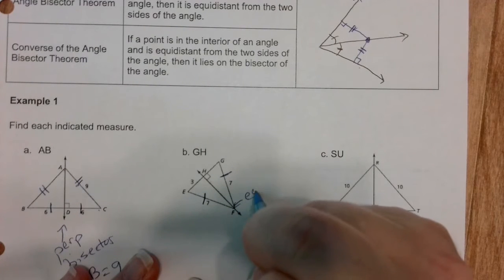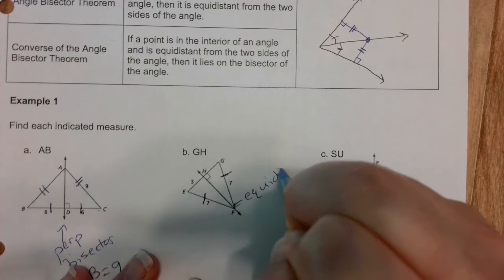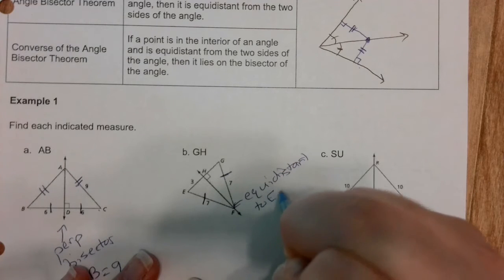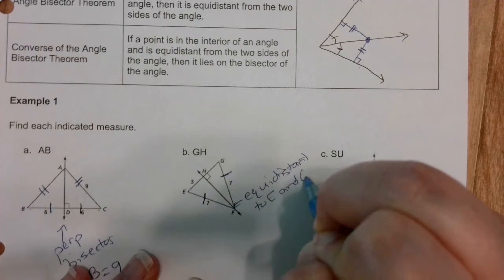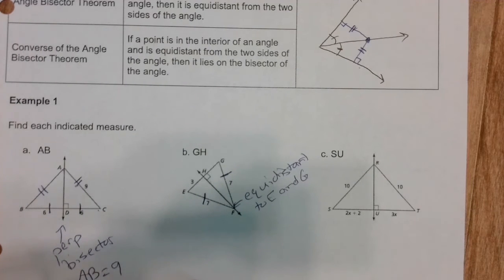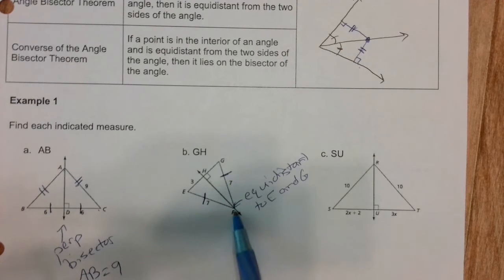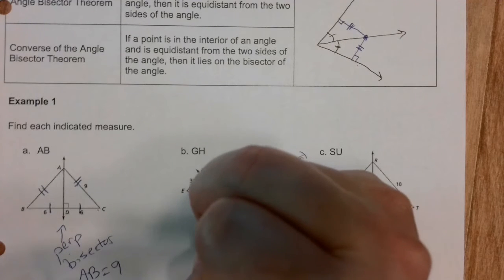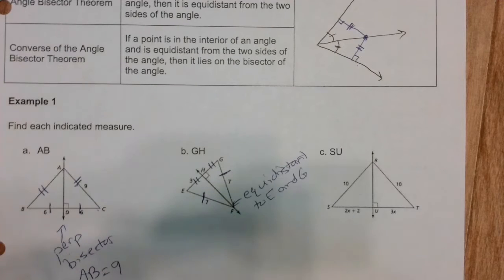F is equidistant to E and G. Because F is equidistant to E and G, that means this is the perpendicular bisector, which means those two pieces are congruent, so GH equals 3.